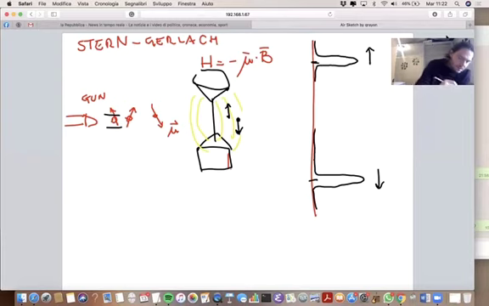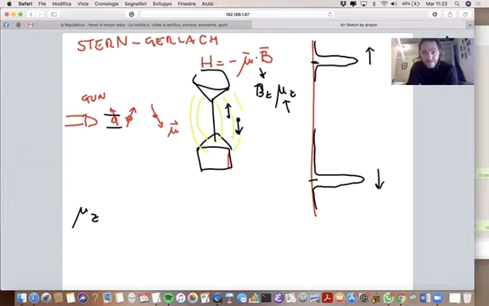Somehow, the z component of the magnetic moment, because this is the one that interacts with the field. Remember, if B is along the z-axis, then only if Bx and By are zero, only the z component of the magnetic moment is interacting. And therefore, what you're really measuring here is the z component of the magnetic moment, mu z.